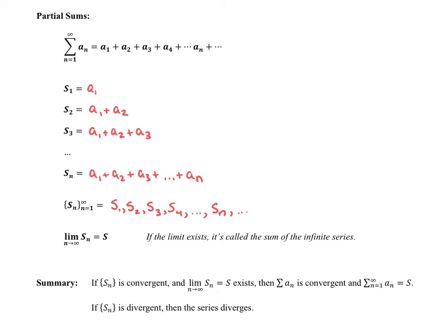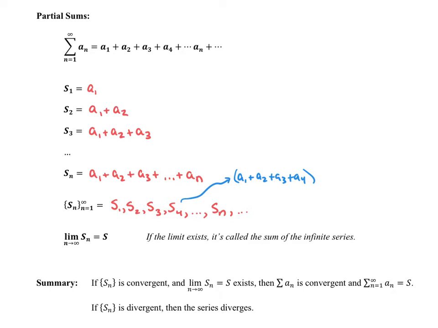But remember, embedded, let's say, in this particular partial sum S sub 4 is a sub 1 plus a sub 2 plus a sub 3 plus a sub 4, okay? So that is representative of S sub 4, which is just a single term within the sequence of partial sums.